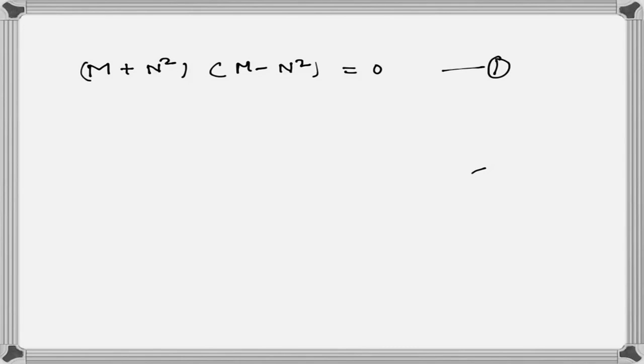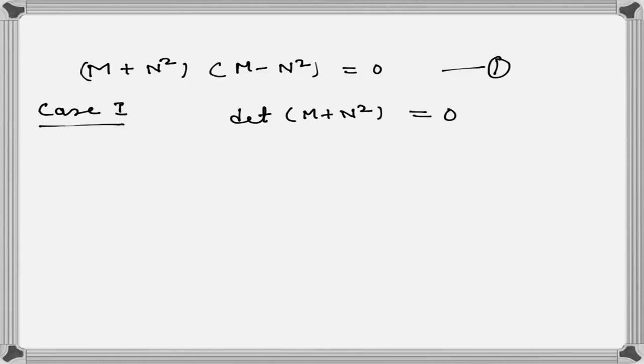Okay, so now consider two cases. Case 1, where determinant of M plus N square is 0. Then the first part was that we need to prove that determinant of M square plus MN square is 0.